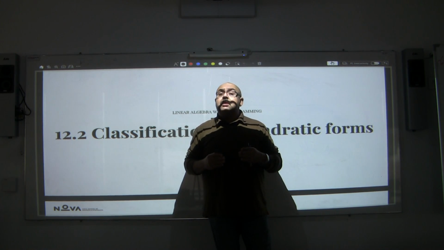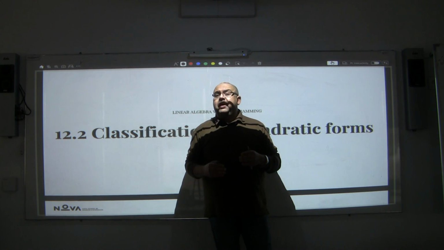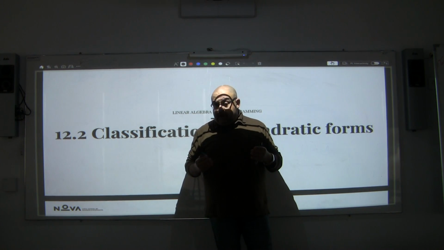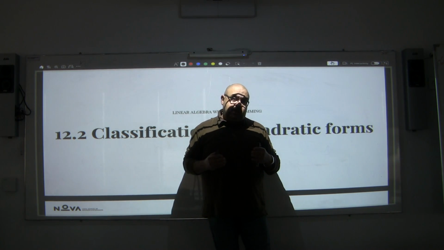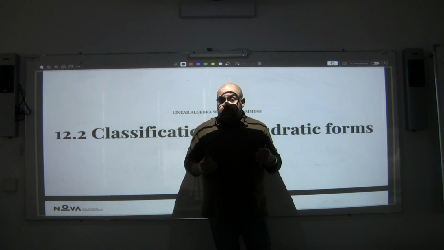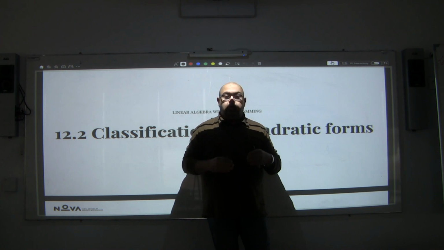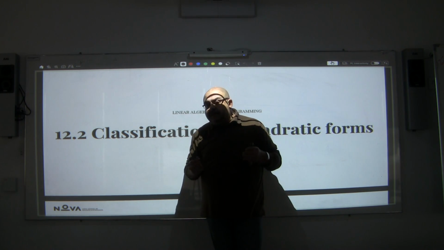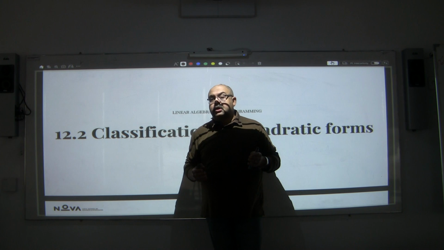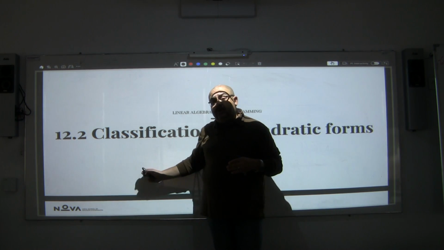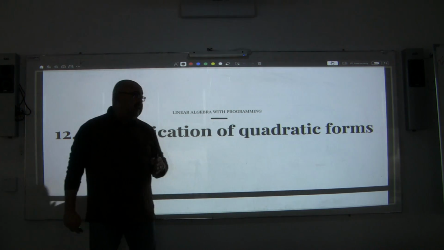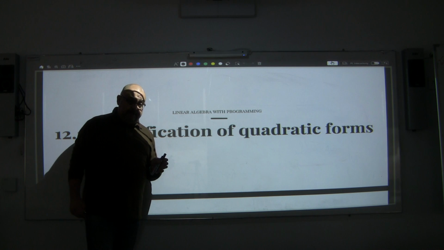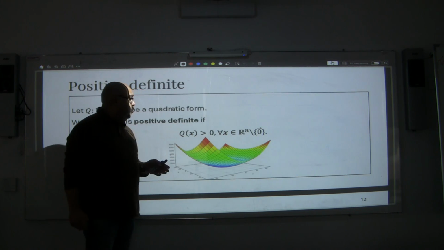You may be interested in maximizing profit or revenue for your company, or decreasing the costs of one of your companies or industries. All of us are seeking optimality, so this is going to be very useful, especially with multivariable functions, as we will see in this part. And it's related to linear algebra, of course.